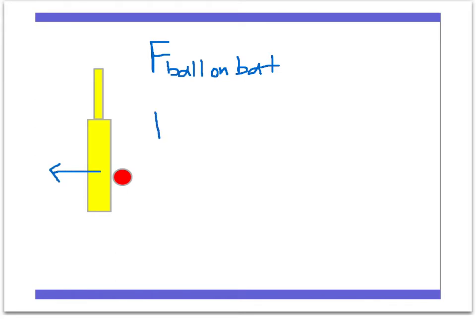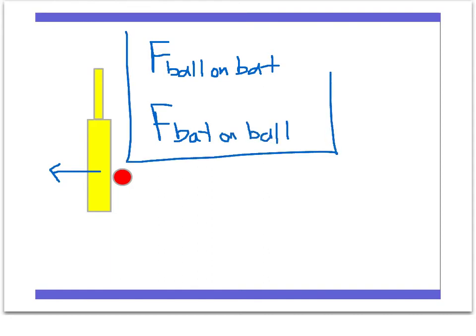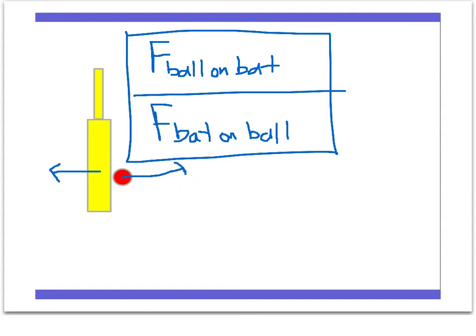There is also the equal and opposite force, the force of the bat on the ball. I want you to get into the habit of thinking about forces in this way: force of something on something. So the force of the bat on the ball will be like that. The size of these arrows should be the same. We'll just pretend that they're the same in magnitude and opposite in direction. And you can see they're very clearly acting on two different objects. There's a force acting on the ball and a force acting on the bat.